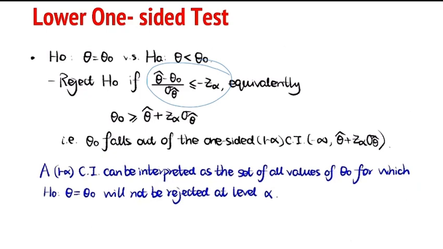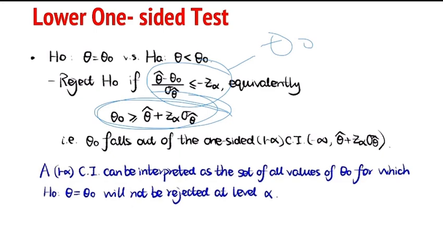If you want to use a confidence interval to make a decision, you need to solve for theta naught. Now theta naught is that, and it means you reject the null hypothesis if theta naught is greater than or equal to that.